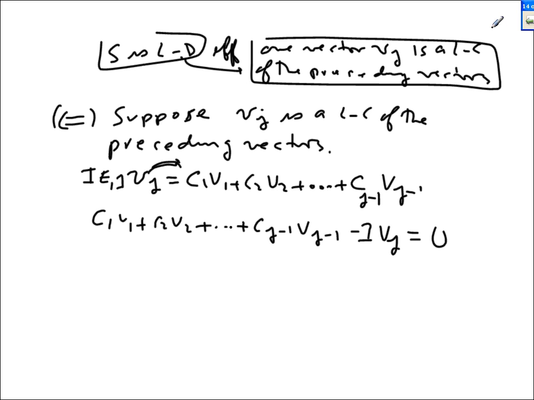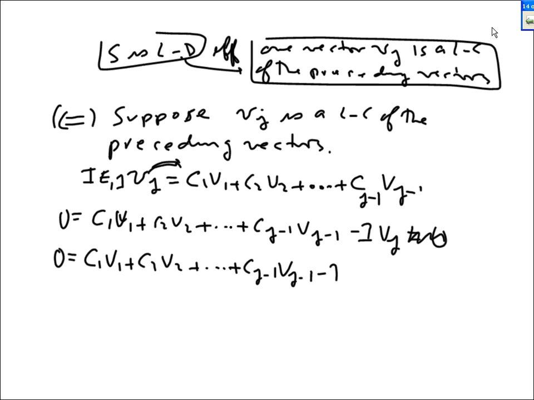Why is it on the right side? Because I switched the order. And I could say 0 equals that. Okay, but here goes. 0 is also equal to c1v1 plus c2v2 all the way up to plus cj minus 1 vj minus 1 minus 1 vj. So far what I've written down is 0.